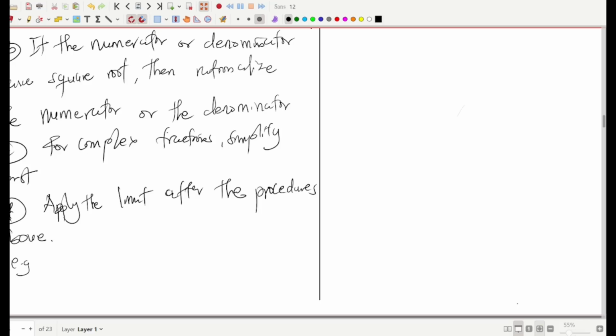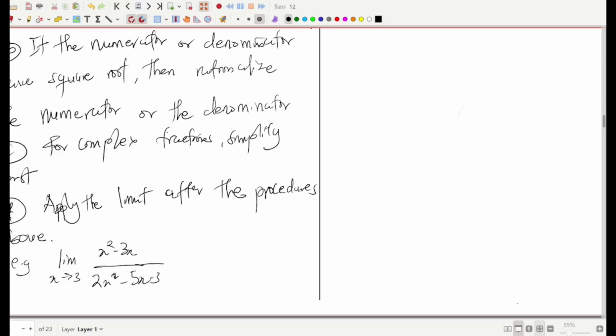The first example I want to talk about: let's say you have the limit as x approaches 3 of x squared minus 3x divided by 2x squared minus 5x minus 3. But mind you, whenever you are given a limit expression, make sure you do the direct substitution first before you apply the procedures for solving an indeterminate form, because you have to check whether the limit expression is an indeterminate one or not.